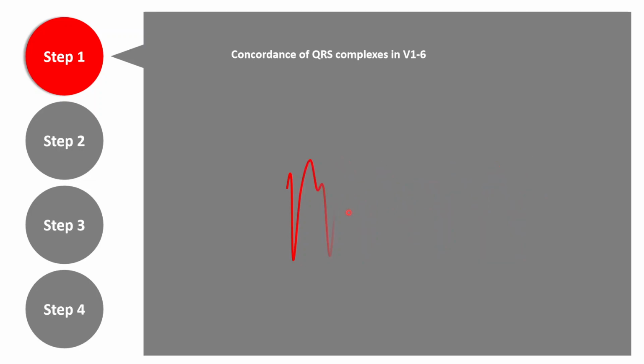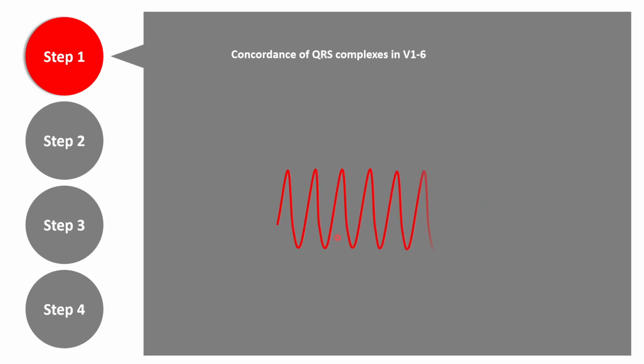How does the positive concordance look like? Let's have a look. So this is how a positive concordance will look like. In this particular ECG, the baseline is somewhere here. And the QRS complex is only positive, only going up, up, up, above the isoelectric line. So this is a positive concordance.